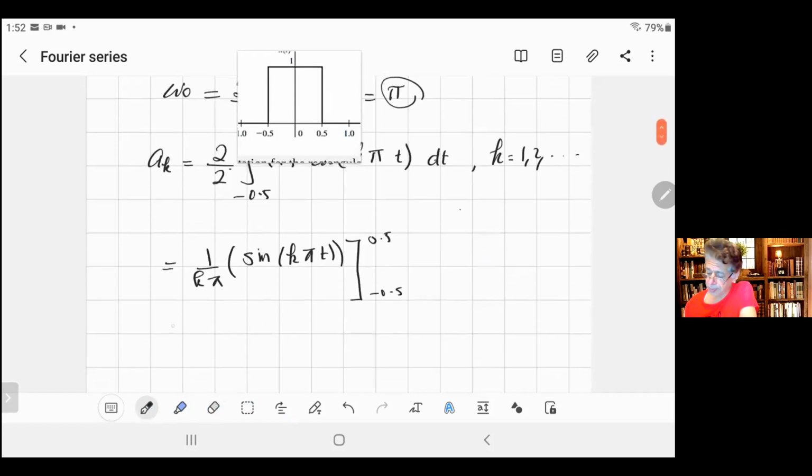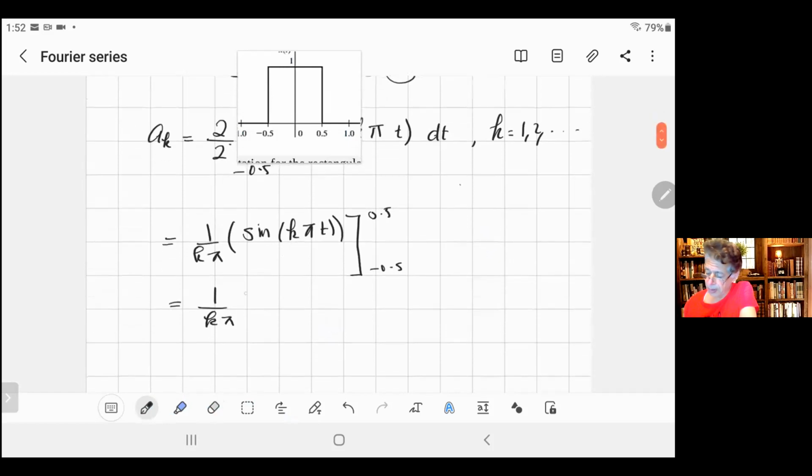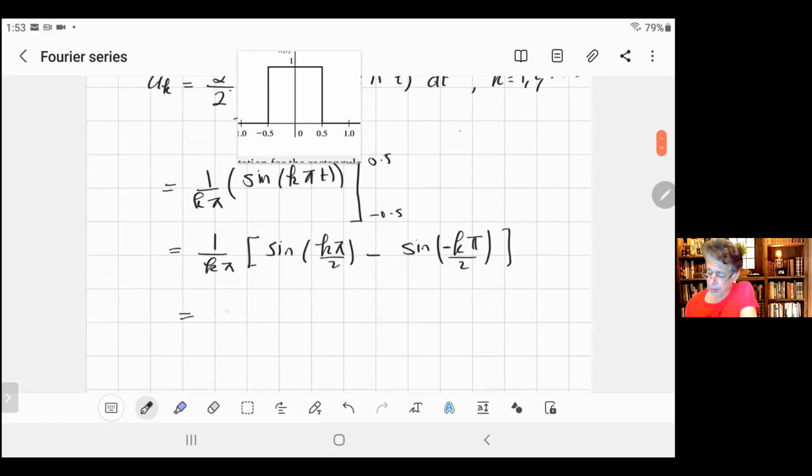Now start to substitute. It's equal to 1 over k pi, and you'll have sine. Substitute 0.5 for the time t: sine k pi, and t is equal to half, minus the other one, sine k pi times minus half. Okay, equal to 1 over k pi sine k pi over 2.